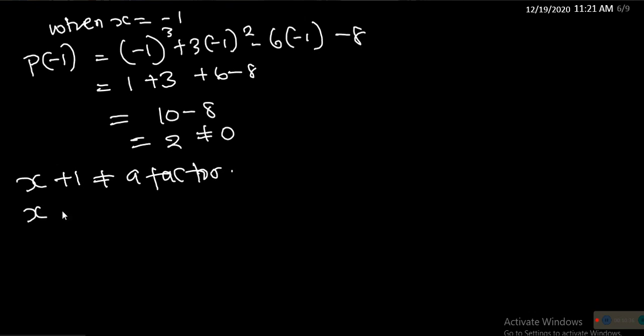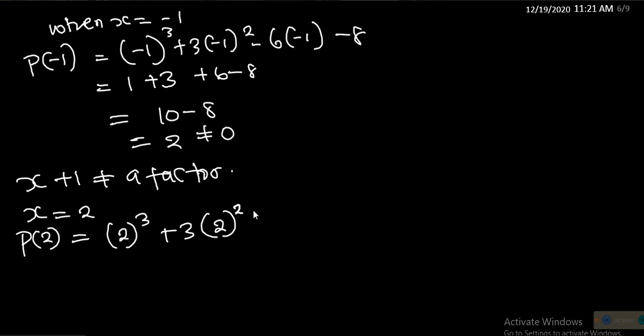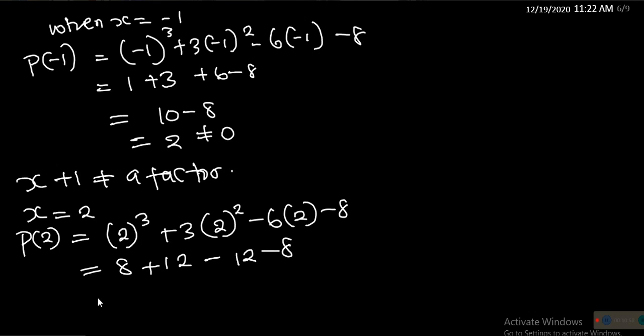So we check for x equals 2. So what will be p of 2? P of 2 will be 2 raised to power 3 plus 3 times 2 raised to power 2 minus 6 times 2 minus 8, and this is 8 plus 12 minus 12 minus 8, and this is 20 minus 20, which is 0.